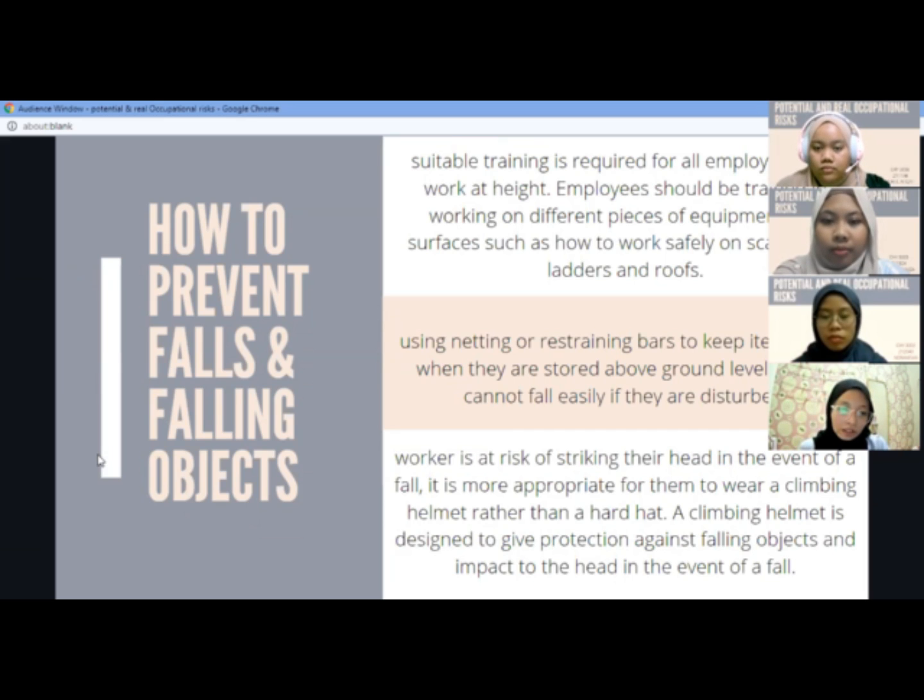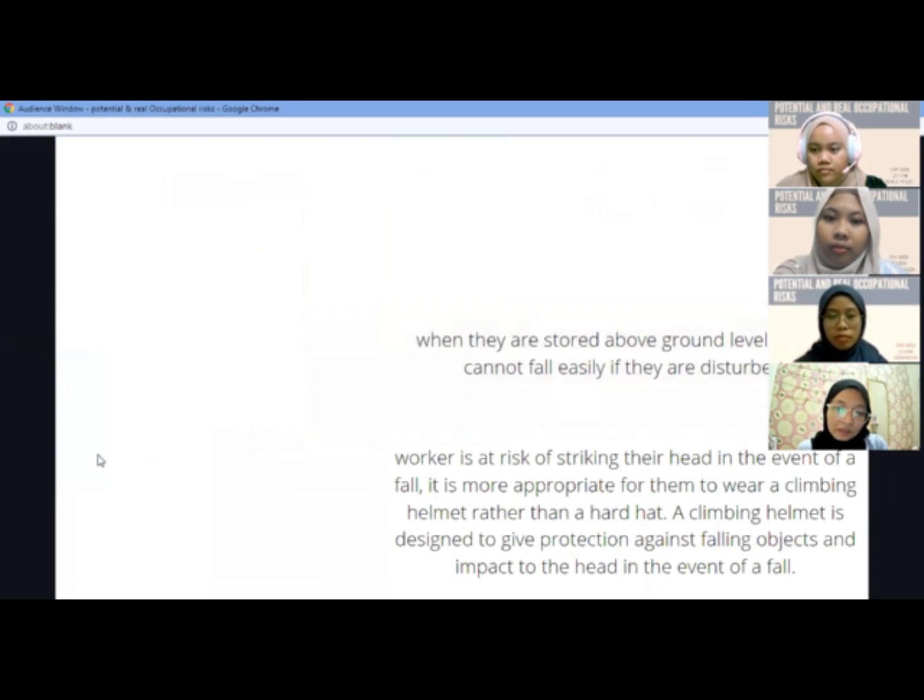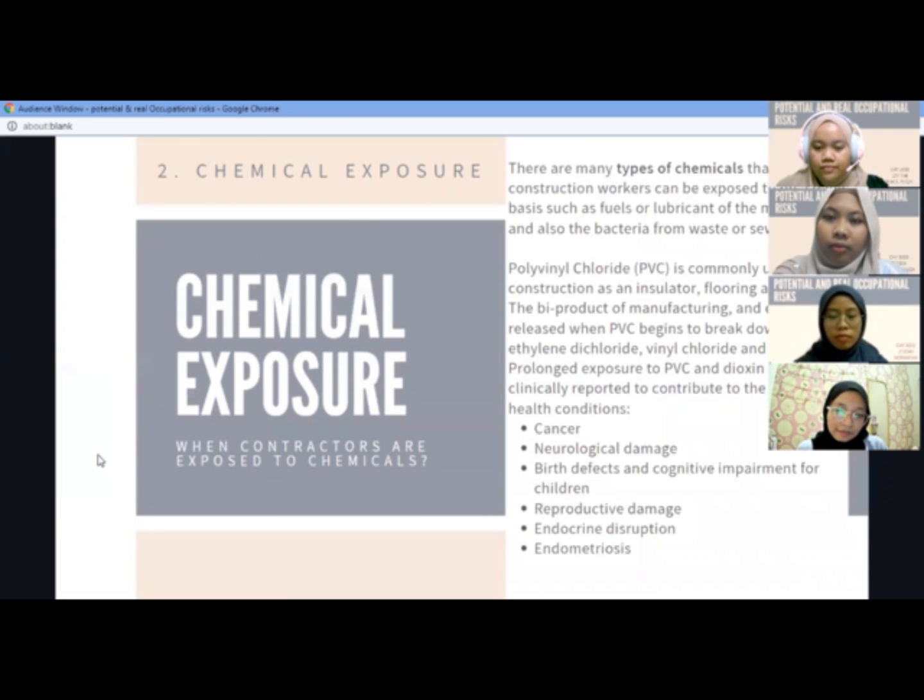Lastly, worker is at risk of striking their head in the event of a fall. It is more appropriate for them to wear a climbing helmet rather than a hard hat. A climbing helmet is designed to give protection against falling objects and impact to the head in the event of a fall. Next, I will pass to Nurul Afiqah.